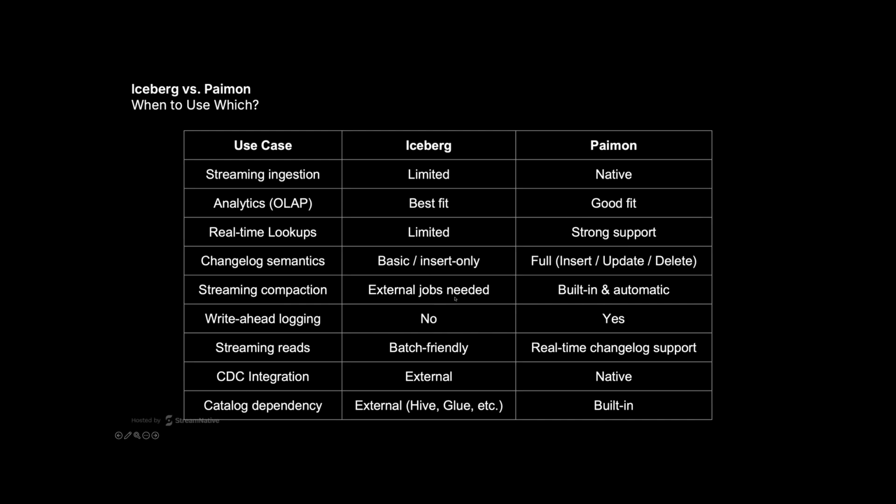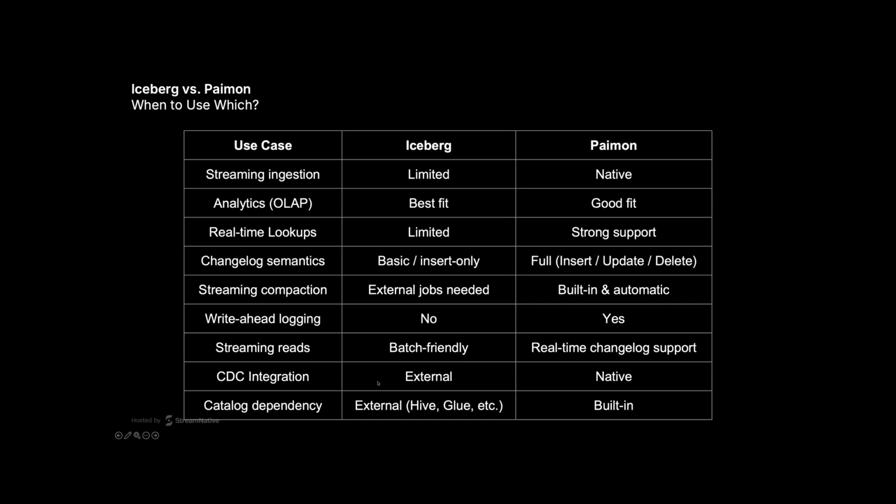You would probably need to use some external frameworks like Flink or Spark to do compaction. Paimon does support write-ahead logging, which is very beneficial for stream processing, but Iceberg does not. For streaming reads, Iceberg is more batch-friendly, but Paimon actually does real-time changelog support.